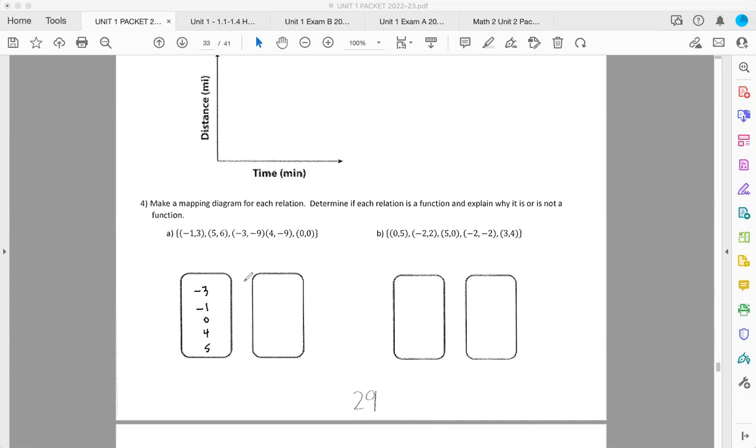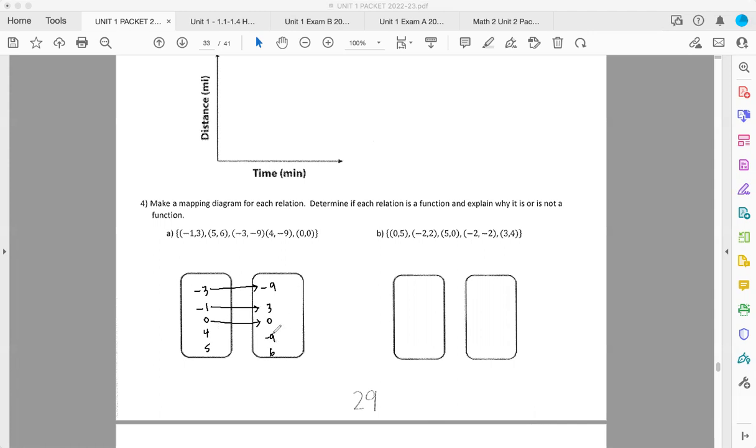But be careful, because -3 maps to -9, and -1 maps to 3, 0 maps to 0, 4 maps to -9, and 5 maps to 6. And make sure, definitely, you need to put the arrows. You definitely have to do that. Now, here's the thing.